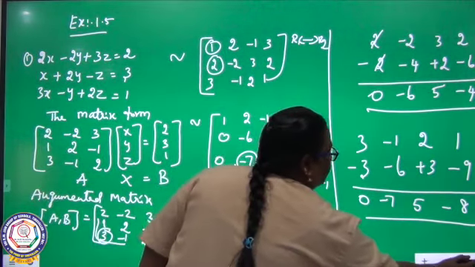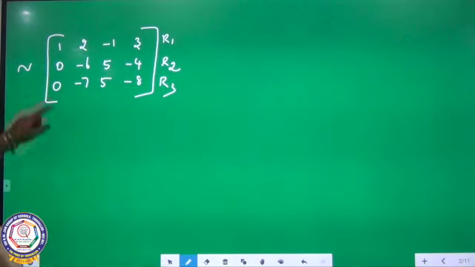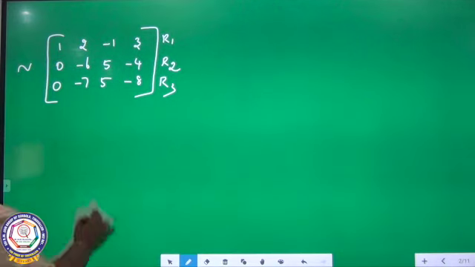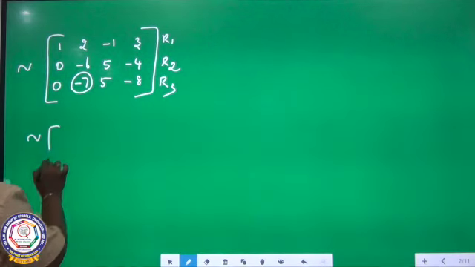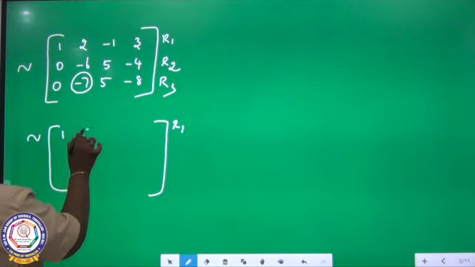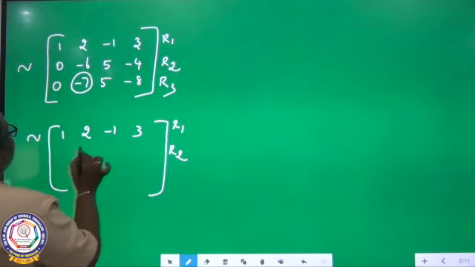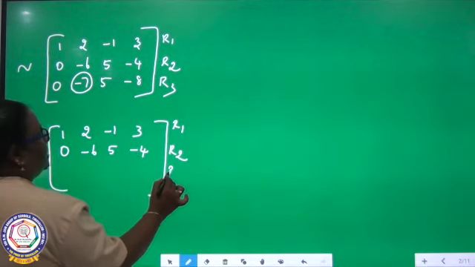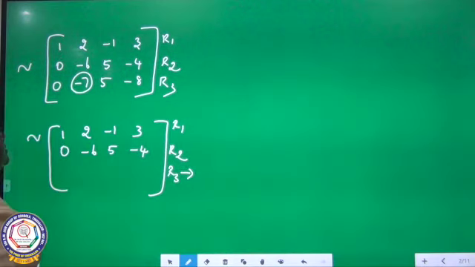See, these two terms I made 0. R1 as it is: 1, 2, minus 1, 3. R2 also as it is: 0, minus 6, 5, minus 4. Now for R3, you can see these two terms alone.